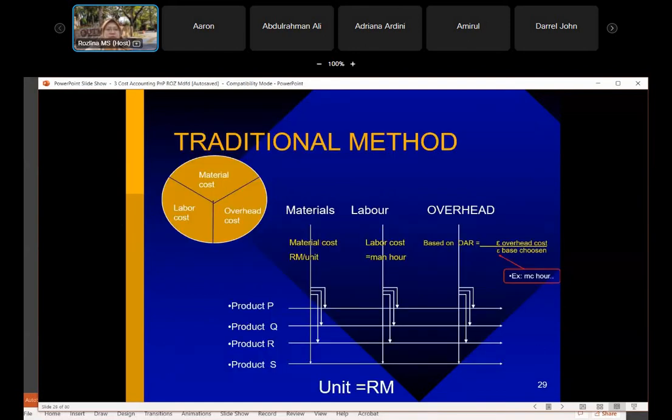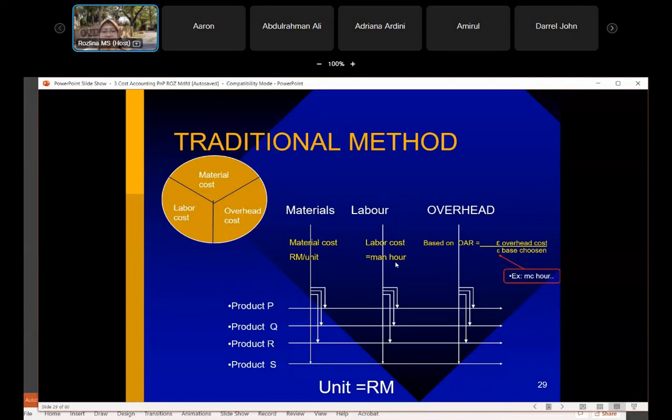Okay, I will show you this is the traditional method. Under the traditional method, the explanation will be clearer in the next class. Okay, material, we have material. Material is easy, you just directly give the cost to the products.